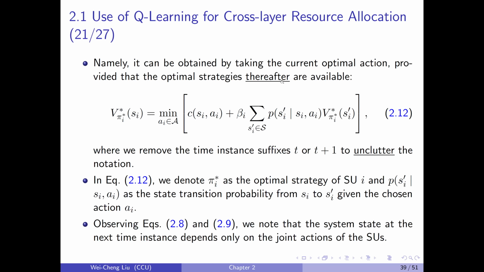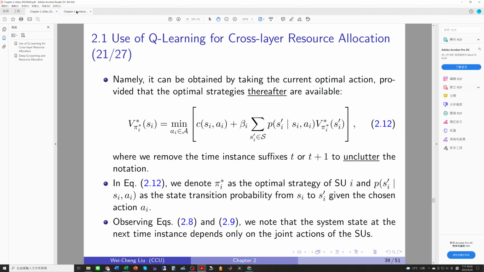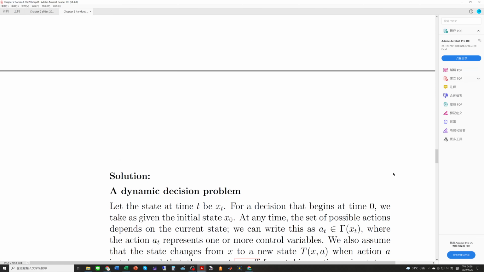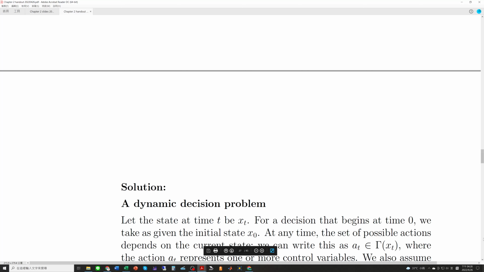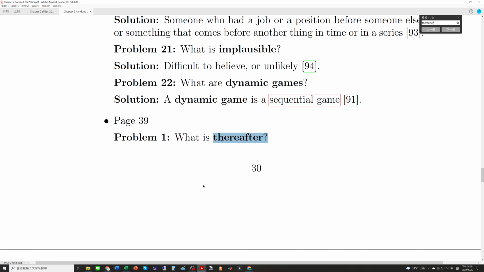What is thereafter? Let us see the handout. Search for thereafter, page 39, problem 1. What is thereafter?